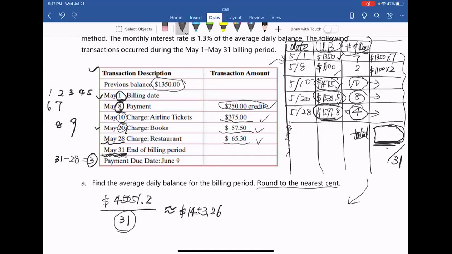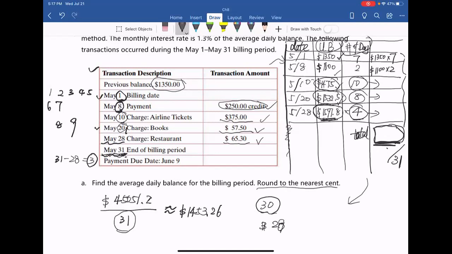And sometimes the number of days in the billing period could be 30 because not every month has 31 days. Some months have 30 days and some months have 28 days or 29 days, like in February. So it all depends on the question.